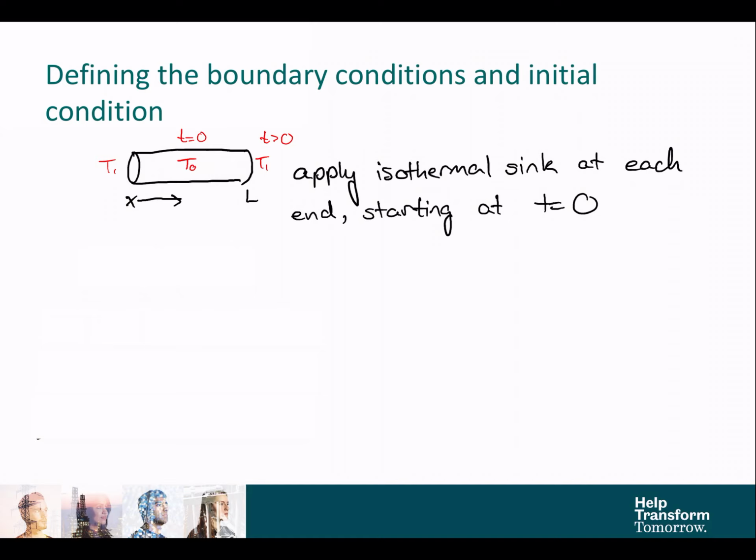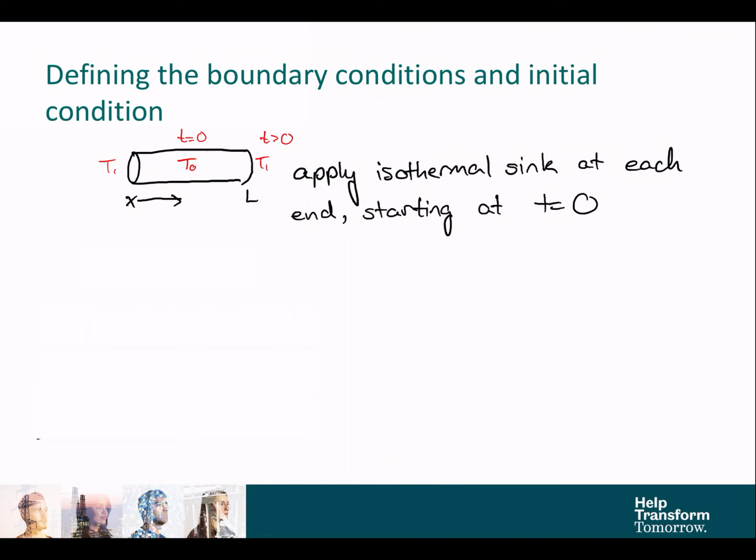So that's our physical situation, and we need to write down mathematical expressions to describe the boundary conditions and the initial condition. We know our governing differential equation has three orders: 2 orders of the spatial derivative and 1 order for the time derivative.